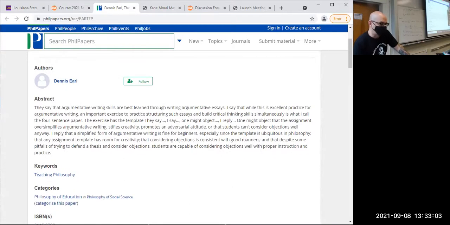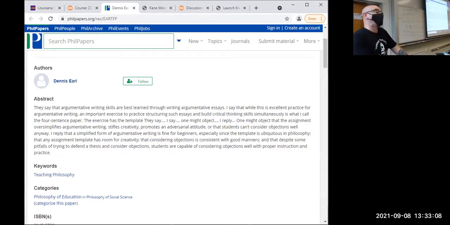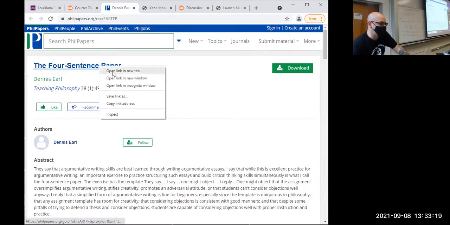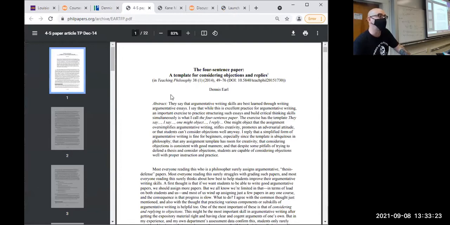So here's the abstract for this paper, right? And the abstract itself is a 4-sentence paper. So think about the structure that just this abstract has. And then that abstract matches his 22-page paper. It's also structured like 4 sentences.